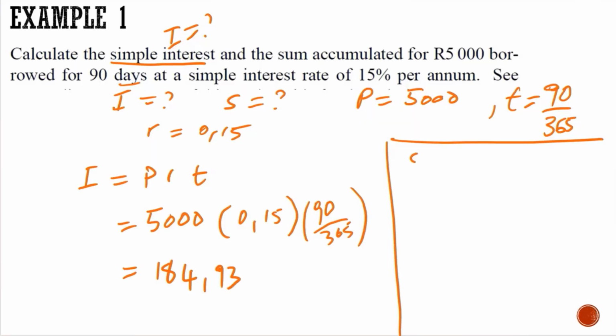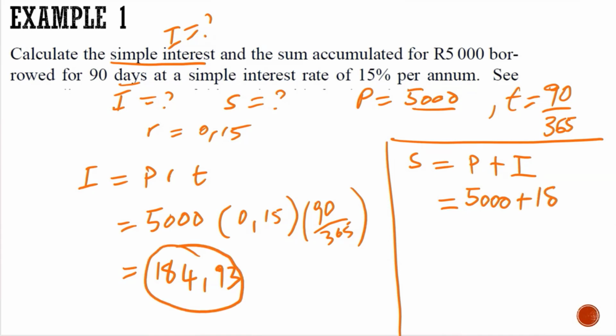Your P is 5,000, and the interest is what you've just calculated, 184.93. So your accumulated amount is 5,184.93.